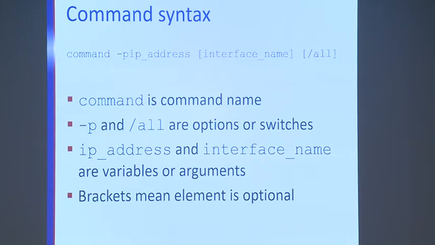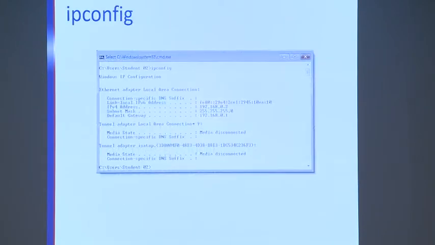When I take a look at the command up here, the IP address or the interface tells me one of the variables or arguments that I can use to determine I'm going out this interface or looking for this IP address. So if I'm taking a look at my ipconfig command that we see up here, you're going to see it shows my IP address, shows my subnet mask, and shows my gateway.